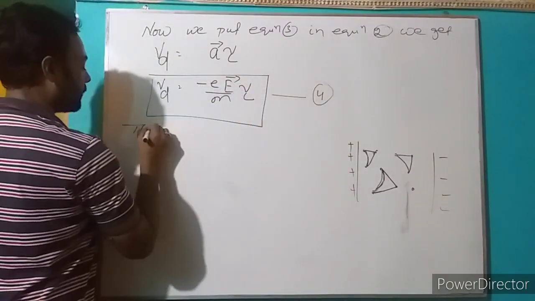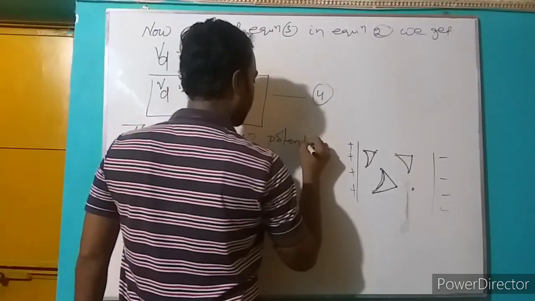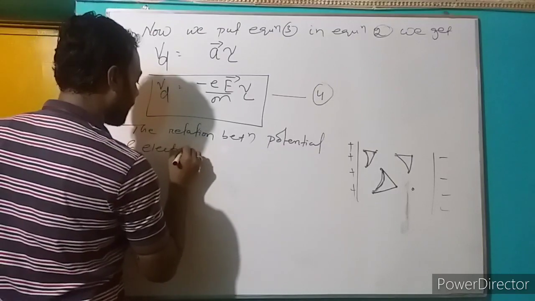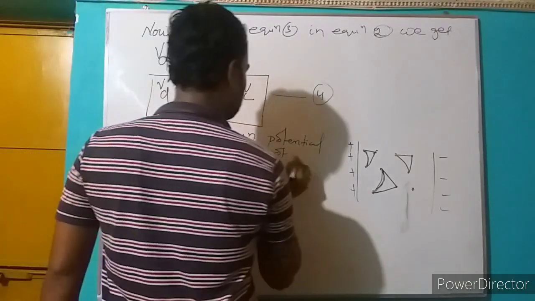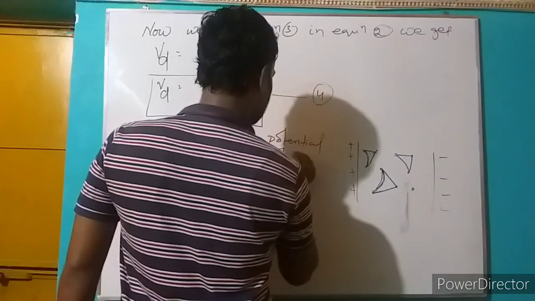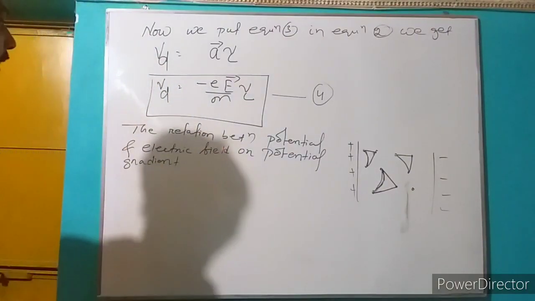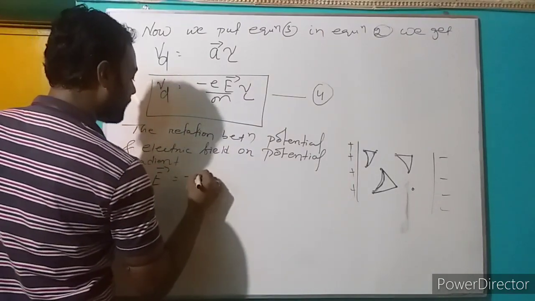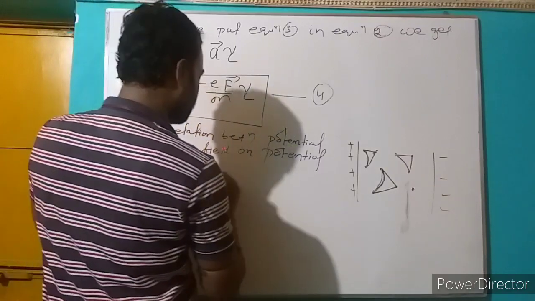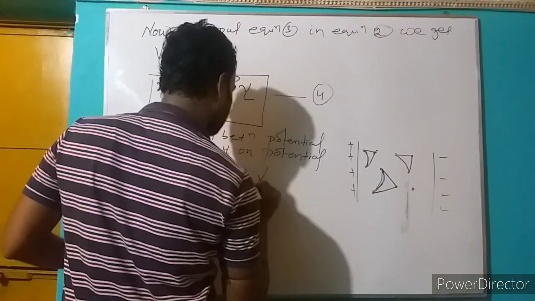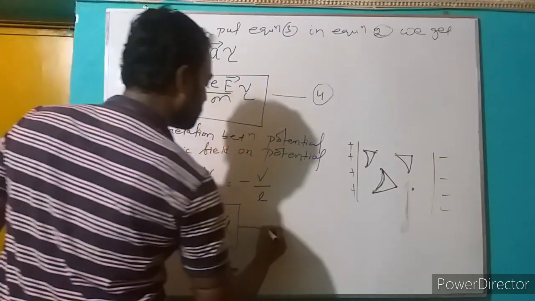The relation between potential and electric field, or potential gradient, is given by E vector equal to minus dV by dr. dV means potential, dr means displacement. dV can be represented as V and dr can be represented as L. So electric field can also be represented as minus V by L. This is equation number 5.